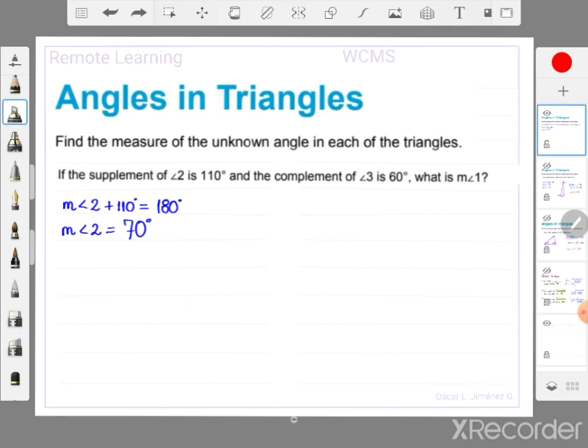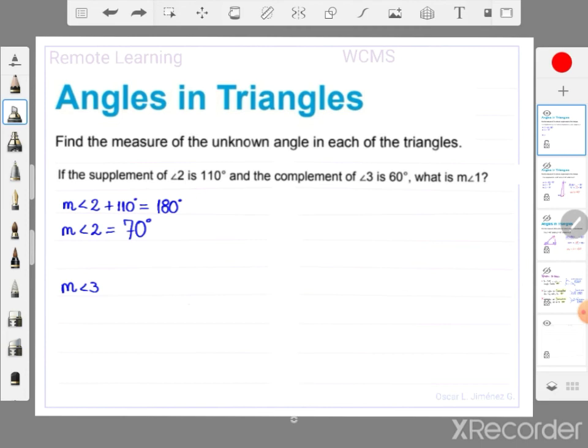Now, the other part of the exercise. The complement of angle number 3 is 60. Now we're going to talk about complementary angles, okay? The measure of angle number 3 is not 60, because 60 is the complement of angle number 3.